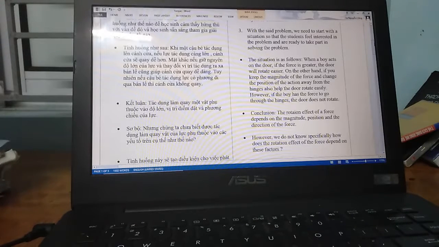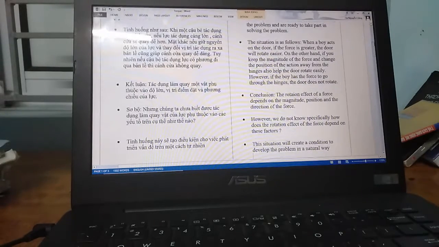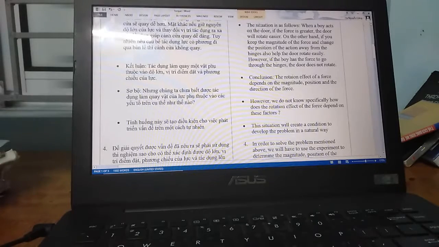So with the said problem, we need to start with a situation so that the students feel interested in the problem and are ready to take part in solving the problem. The situation is as follows. When a boy acts on the door, if the force is greater, the door will rotate more easily.